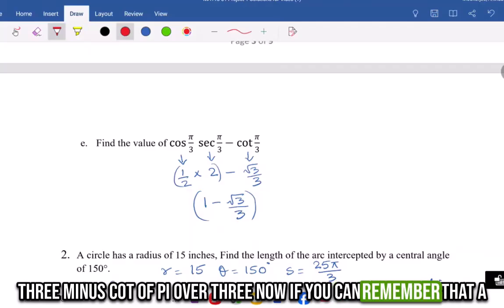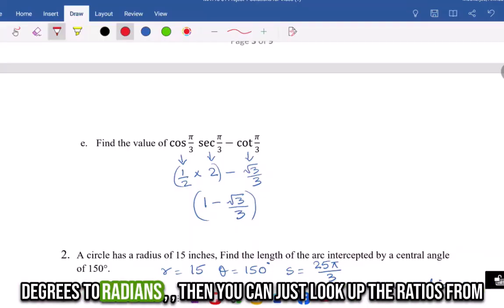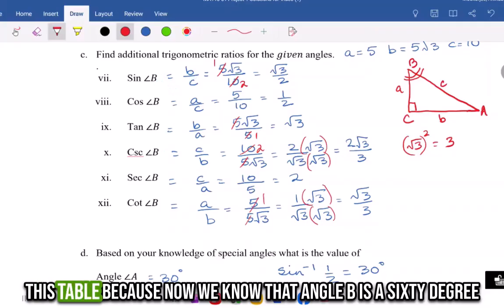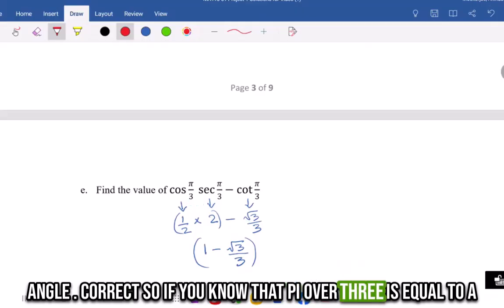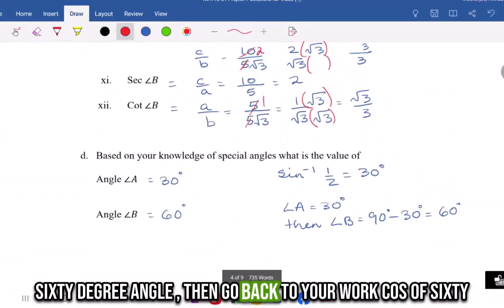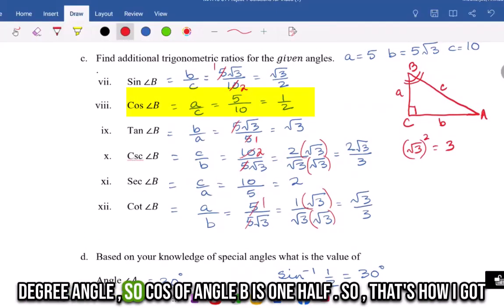Now, if you can remember that a 60-degree angle and pi over 3 is the same angle measure, degrees to radians, then you can just look up the ratios from this table, because now we know that angle B is a 60-degree angle. So if you know that pi over 3 is equal to a 60-degree angle, then go back to your work. Cos of a 60-degree angle, so cos of angle B is 1/2.